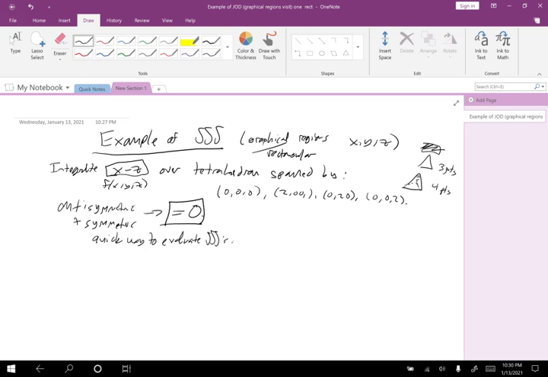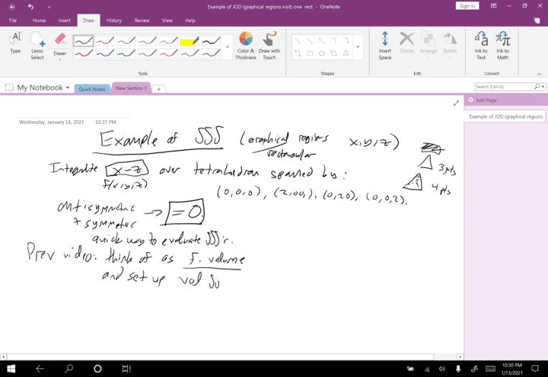So let's just do it. In the previous video, I said just think of it as a double integral. Think of it as f times volume, and set up the volume integral first. Then add f. So this avoids you having to think about strange triple integral geometry.